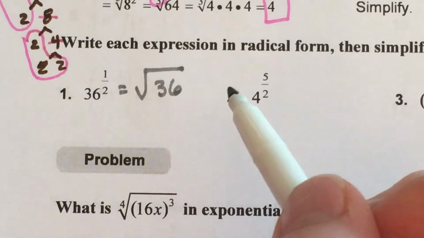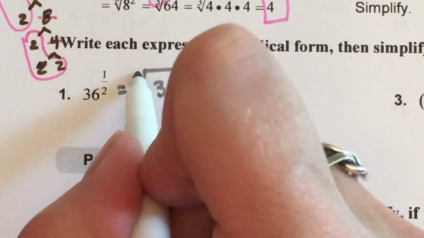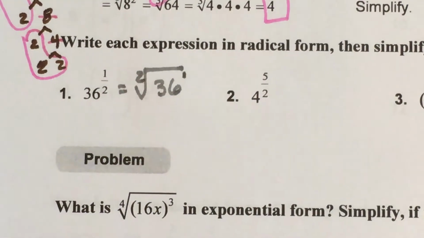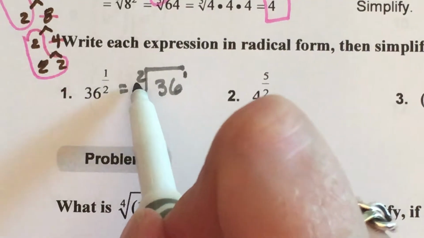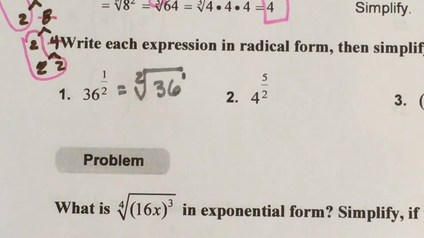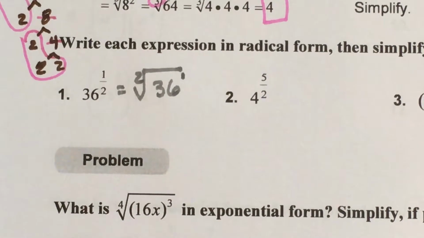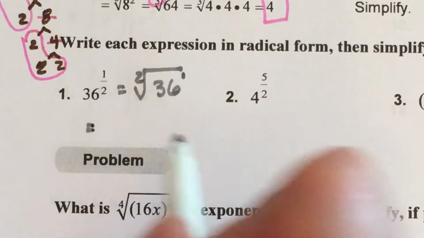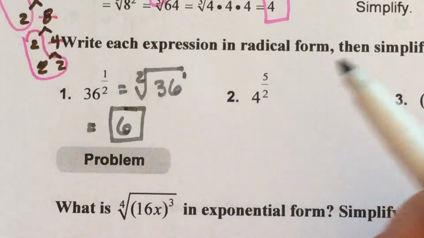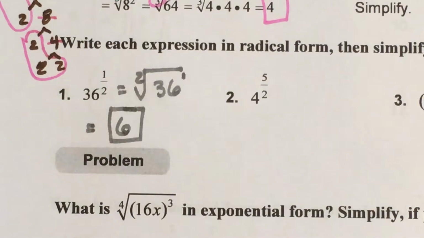The 1 or the 2? Yeah, the 2, because it is in the denominator, and here's the 1. And we just said this is what kind of root? A square root. Hey, what's the square root of 36? You know this. Yeah, it's 6. You know square root of 36. We didn't have to do a factor tree or anything.